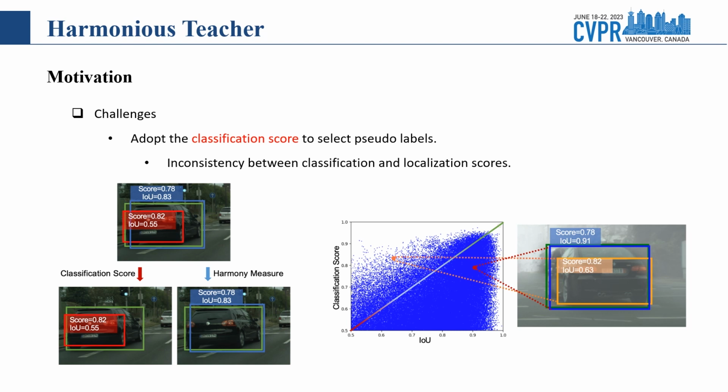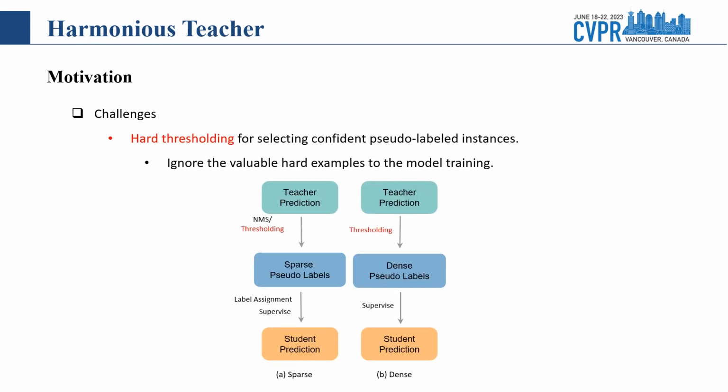The existing works may select pseudo labels with high classification score but low localization quality. Second, previous works usually leverage a hard threshold for selecting confident pseudo-labeled instances. Unfortunately, it will ignore the valuable hard examples for model training.